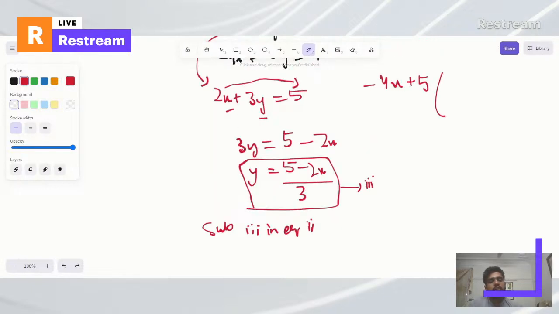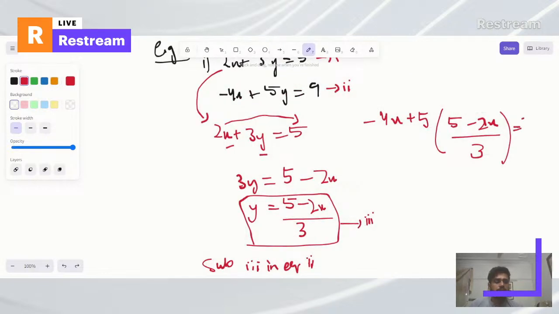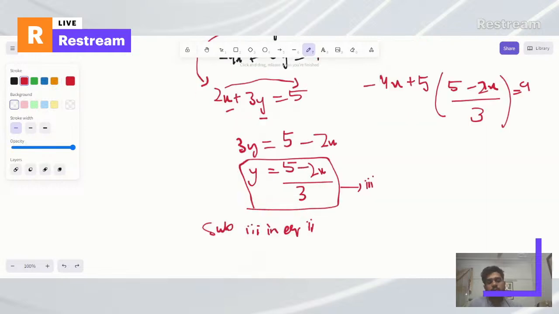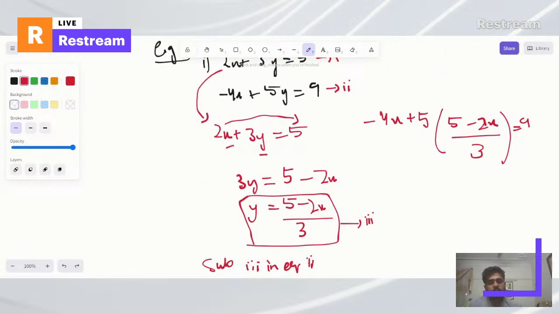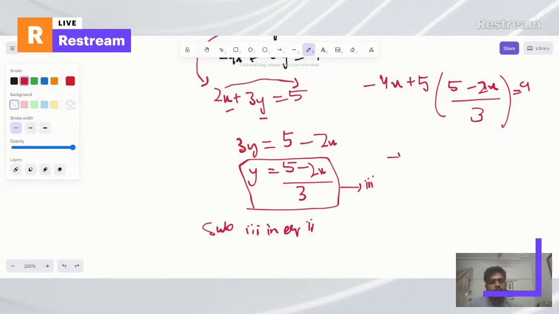So it becomes 5 times (5 minus 2x) divided by 3, and all of this equals 9, right? So now we're going to multiply them both. It becomes minus 4x plus 25 minus 10x, all over 3.